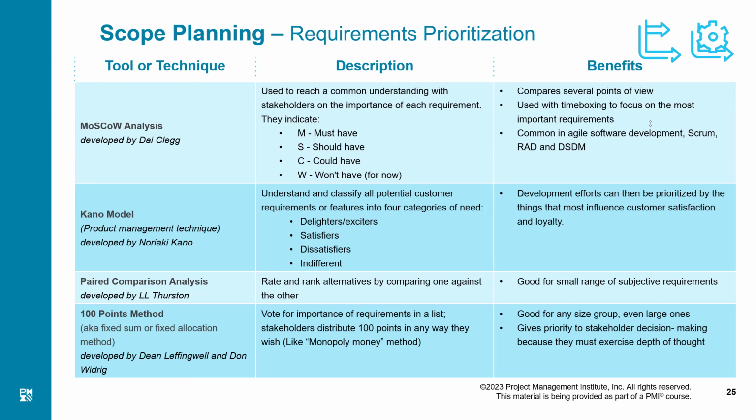Then there is yet another method which is called the 100-point method, or fixed sum or fixed allocation method. In this method, it is just like, you might have played Monopoly in your times. Have you? So at the start of the game, all the players are given some Monopoly money, which is fake money, not real money.